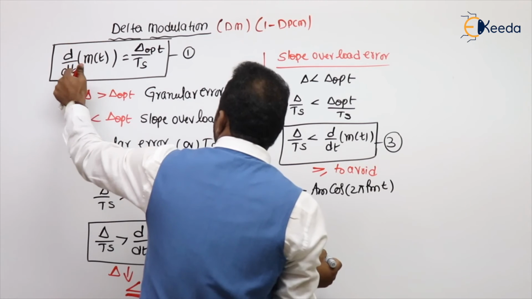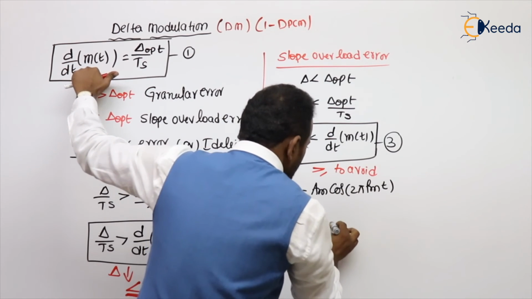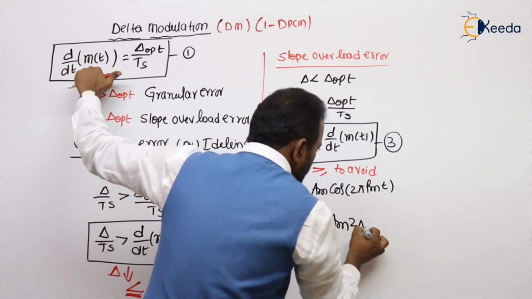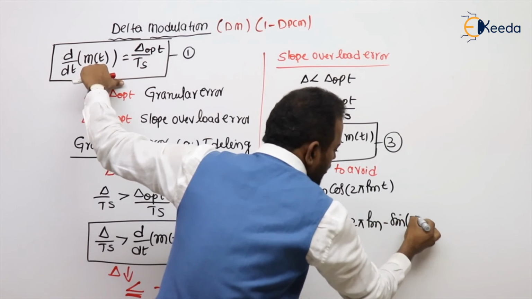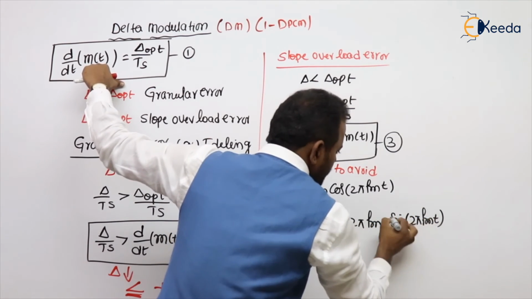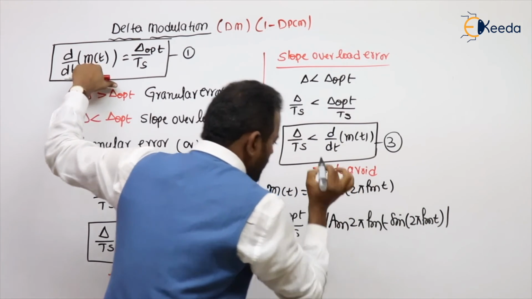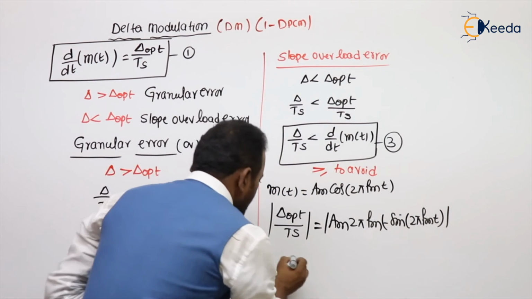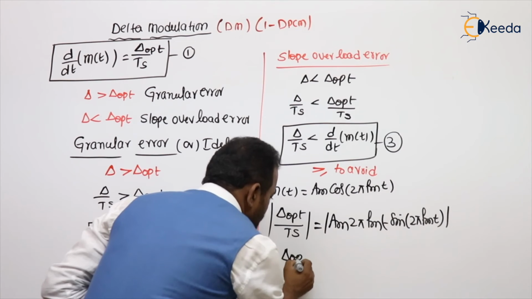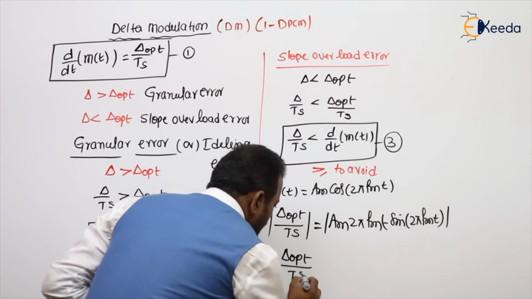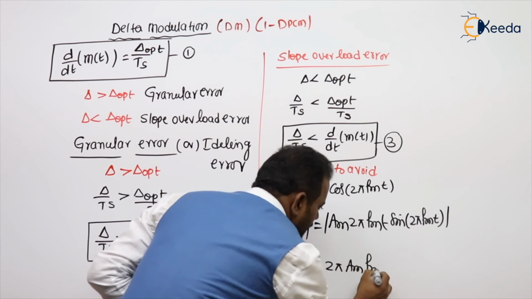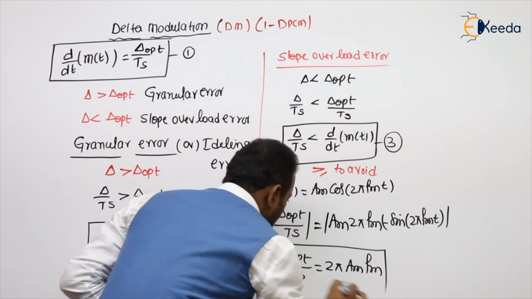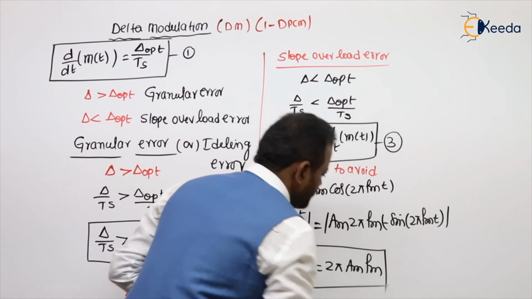What is that? d by dt of m of t. Differentiate: Am 2 pi fm, minus sin 2 pi fm t. Let's take the modulus. So finally, let's take the maximum value. Delta opt by Ts equals 2 pi Am fm, since the maximum value of sine itself is 1.